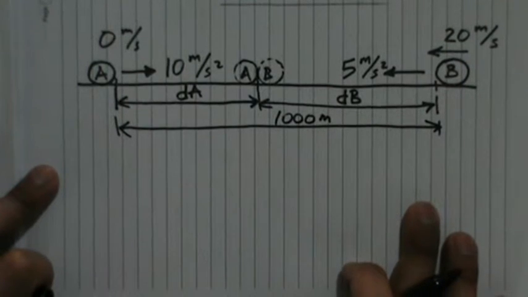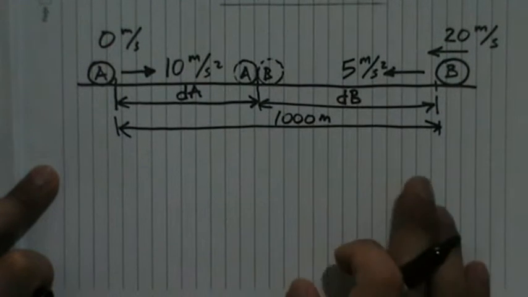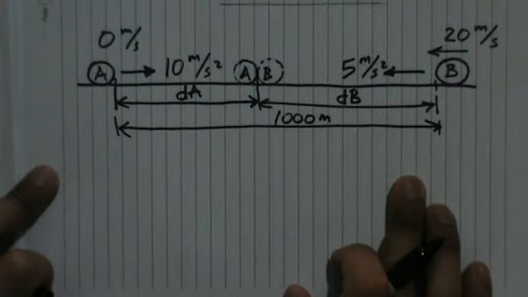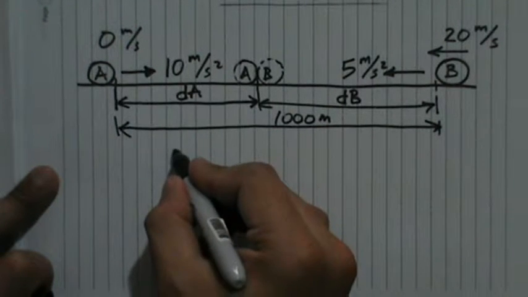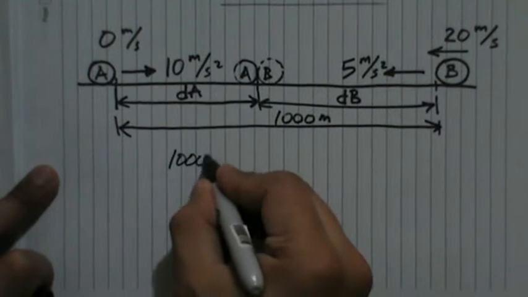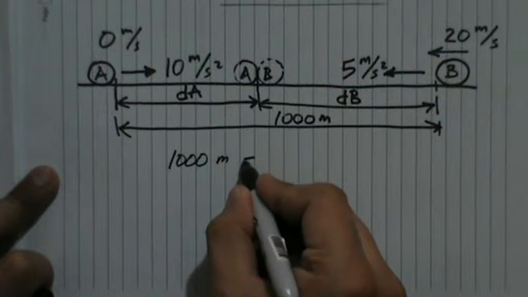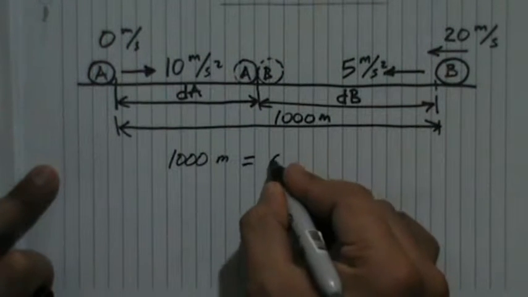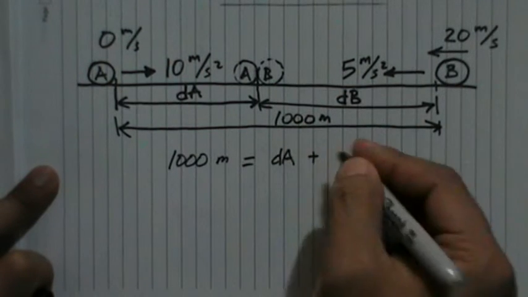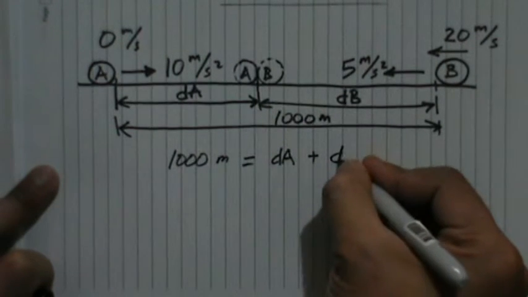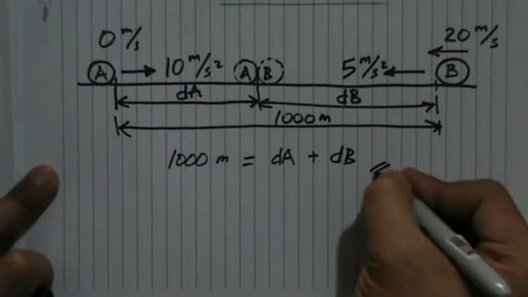So first, let's see how this distance is related. You see that here 1000 meters is equal to the distance traveled by A, dA, plus the distance traveled by B, dB.